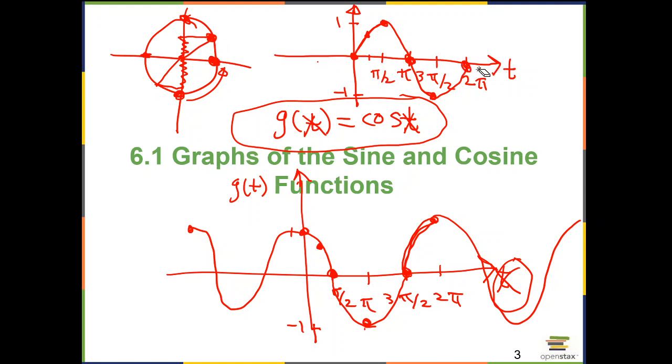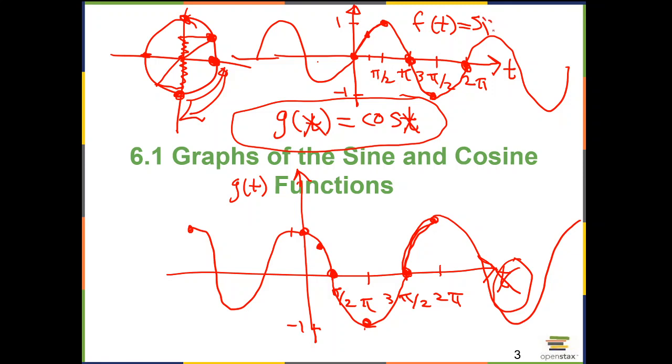If we keep going, then we get another cycle and another cycle. If we go the other way, then we get this cycle, right? So that is the graph of f of t equals sine t. Just like we did with cosine, we can just assume this t is x, which is the input, right?